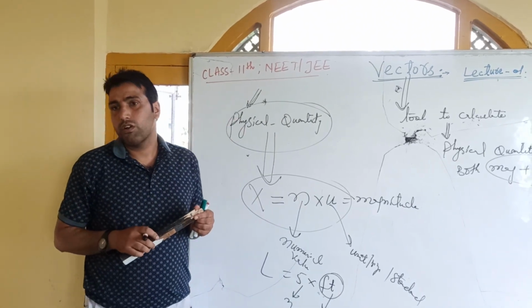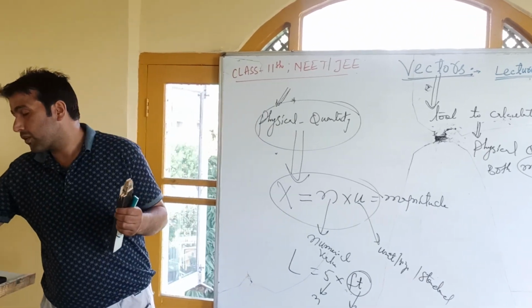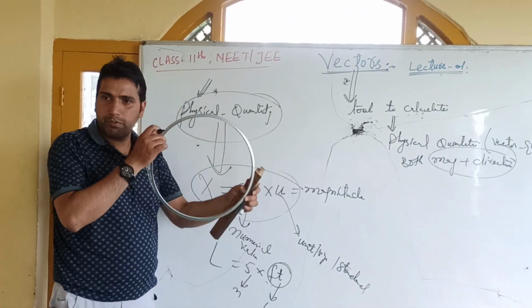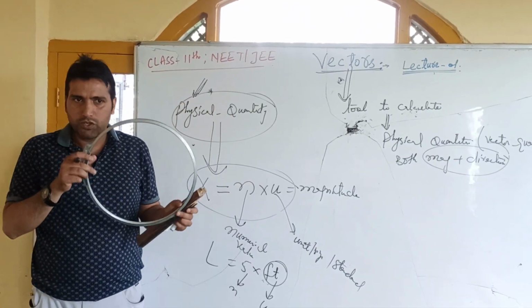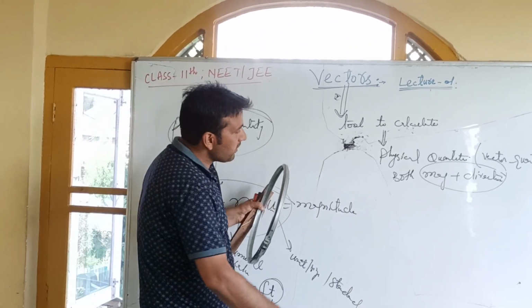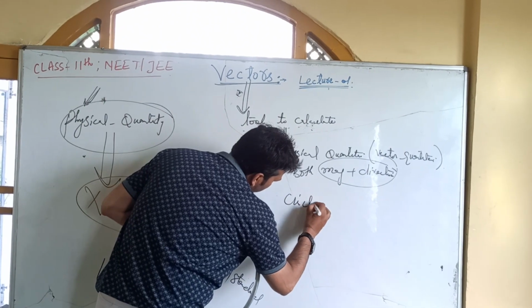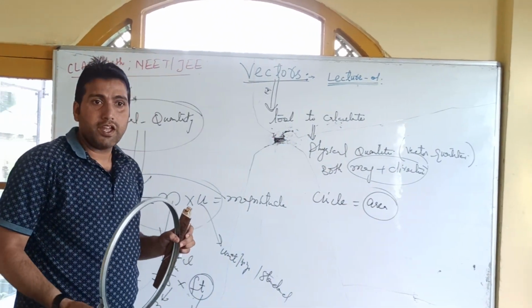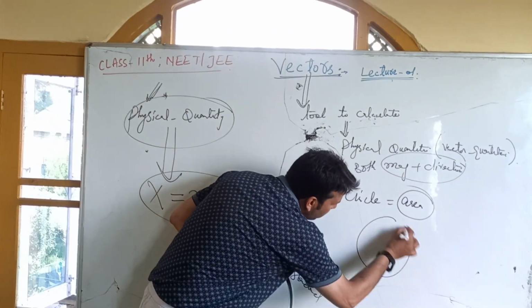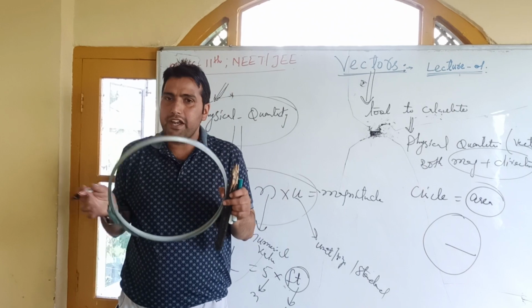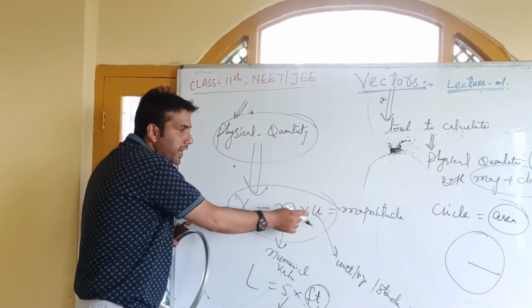Let us suppose we want to measure the geometry in my hand. What is the geometry, my dear? This is simply, geometrically, a circle. What does it have? It has an area. So the geometrical circle definitely has area as a quantity. Whenever we try to measure this circle's area, we always get some measurement, and definitely that measurement will have a number and a unit.